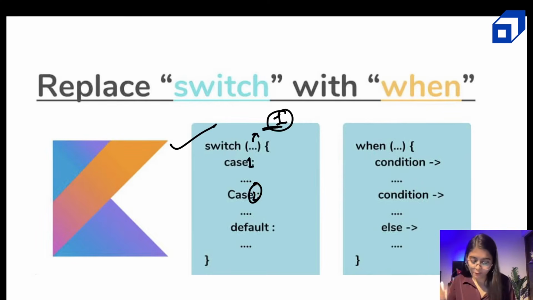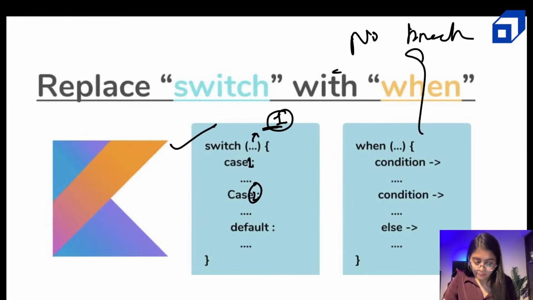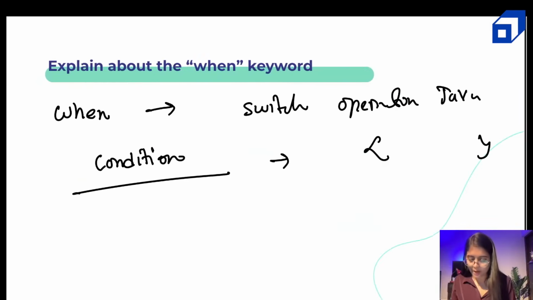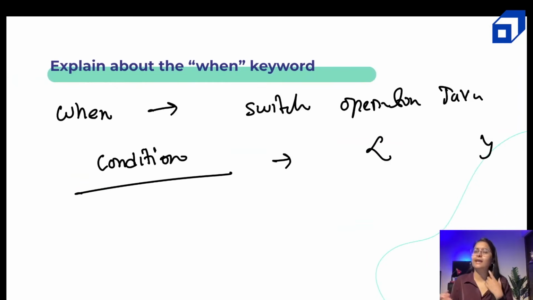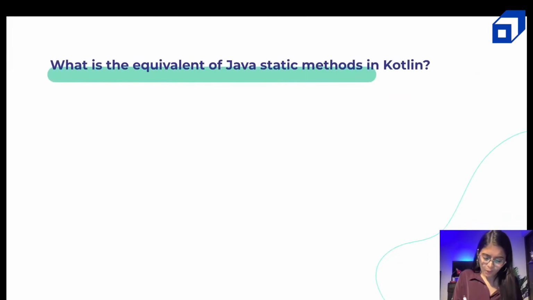No break statement is needed at the end of each case, unlike switch cases in Java or any other programming language. So basically when in Kotlin does the same thing as switch in Java or any other programming language for that matter, right? Perfect. What is the equivalent of Java static methods in Kotlin?